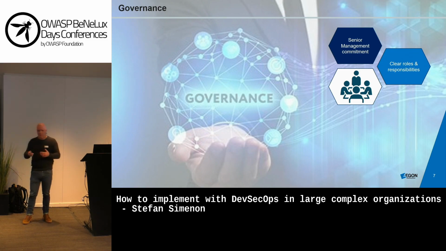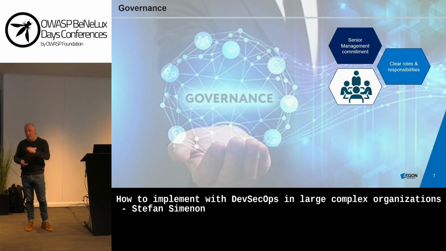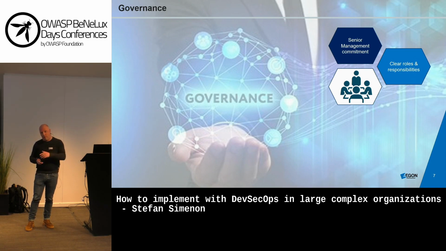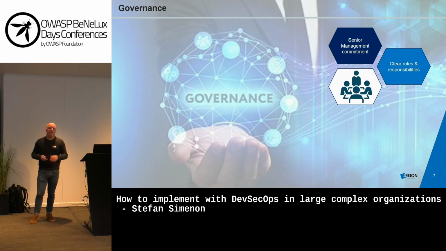But those departments often do not have a focus on security. Those people want to build new things. They want to release new functionalities. So it's very important to make clear who's responsible for the program, who's responsible for the tools, who's responsible for decision making. It's often lacking in large companies.